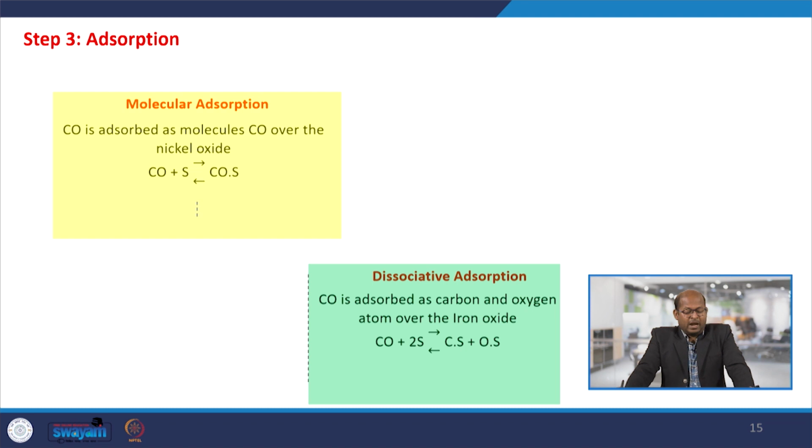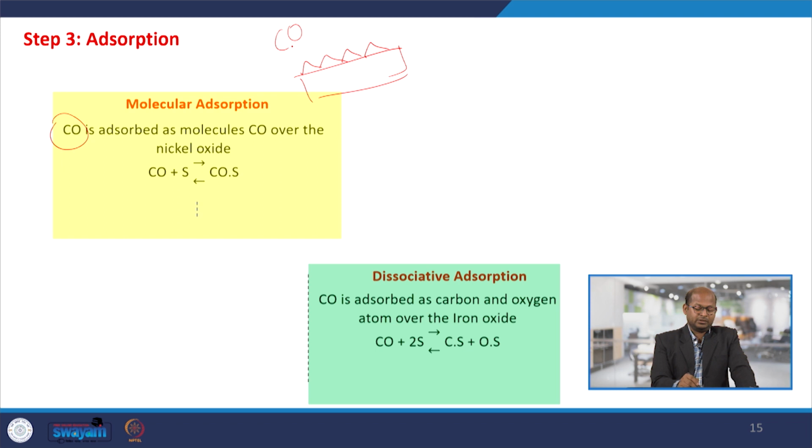Next is the molecular adsorption, or dissociative adsorption, of component A. Let us say we have taken CO, carbon monoxide molecules, and we have the catalyst surface sites here. So, surface sites are available, and CO gets adsorbed. CO gets adsorbed directly if it occupies or interacts with one site. So, the adsorption would be like this.